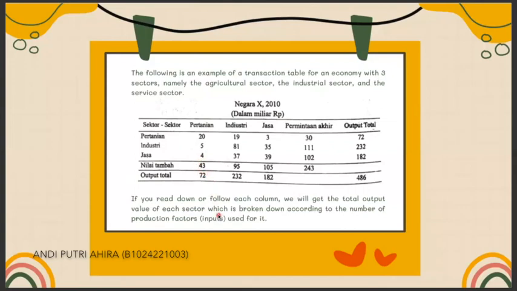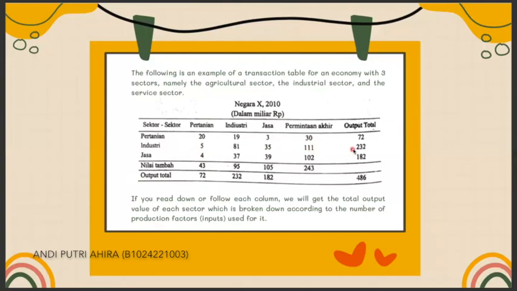For the second column, the total production output of the industrial sector is worth 232, which we get from all the sectors plus the final demand.